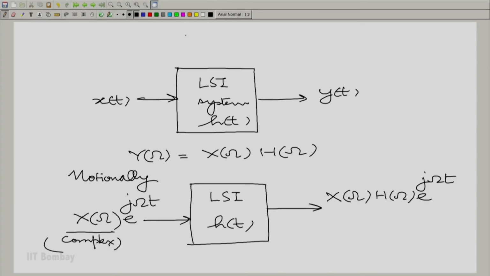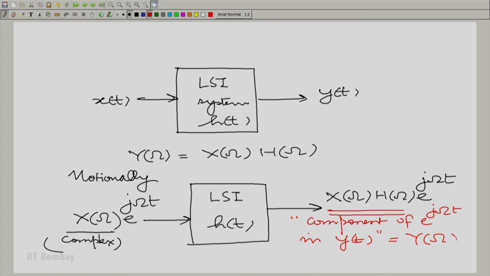But here the form is preserved, e raised to the power j omega t goes in and comes out as e raised to the power j omega t in form, but multiplied by a complex constant. So, essentially this quantity is the component of e raised to the power j omega t in y of t, which is actually Y of omega. So, we have Y of omega equal to X omega times H omega. That is why this decoupling.